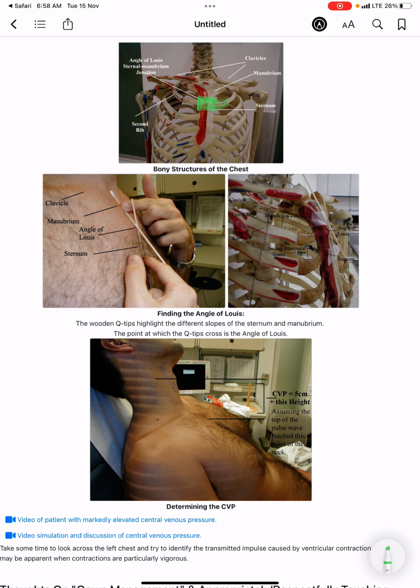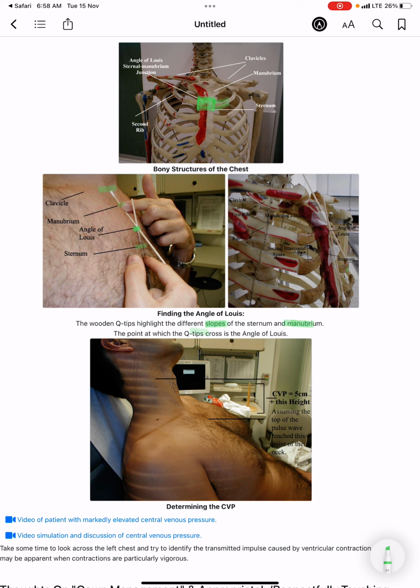Angle of Lewis, sternal manubrium junction, clavicles, manubrium, sternum and second rib. The wooden Q-tip highlights the different slopes of the sternum and manubrium.